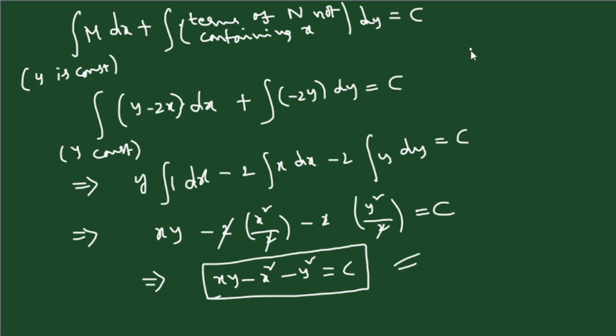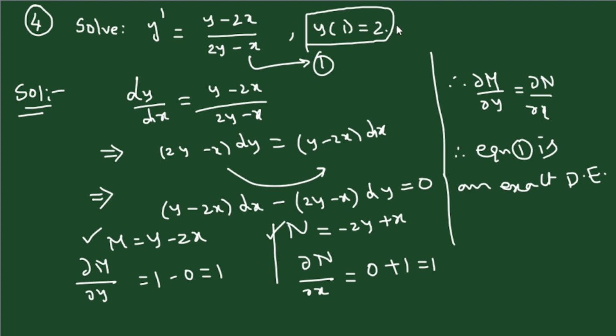But what you are asked to prove? You are asked to find the solution which satisfies y of 1 equal to 2. So whenever you are given this type of question or condition, you will need to find the solution which satisfies this condition, y of 1 equal to 2.